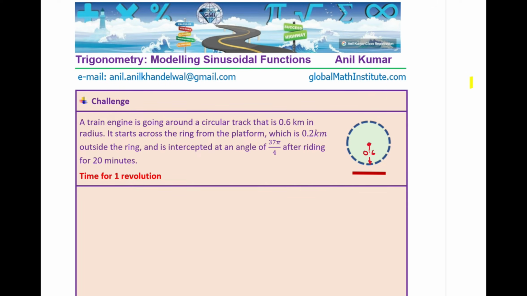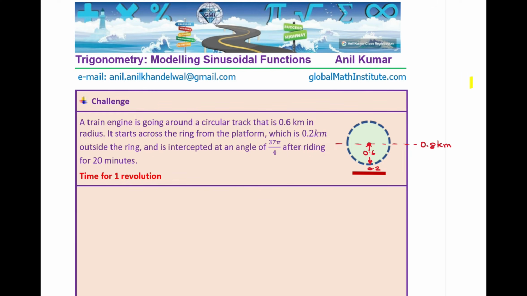And 0.2 kilometer outside the ring is the platform. So this is the platform for us, which is 0.2 kilometers. As you can see, the axis here is at 0.8 kilometers, correct? Now, that is the situation.